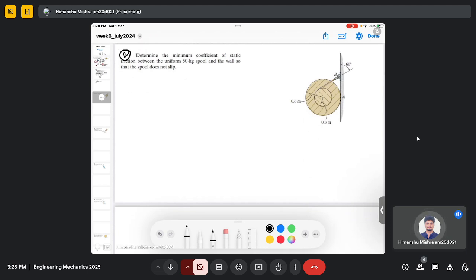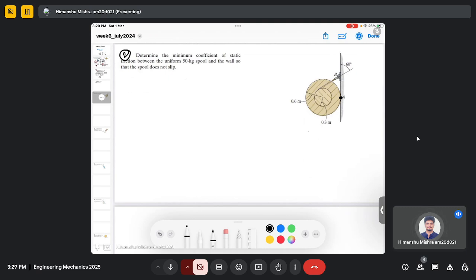So here, determine the minimum coefficient of static friction between the uniform 50 kg spool and the wall, so that the spool does not slip. So here there is a coefficient of friction acting between this spool, this circular thing, and the wall. So there will be a friction force at this point of contact.